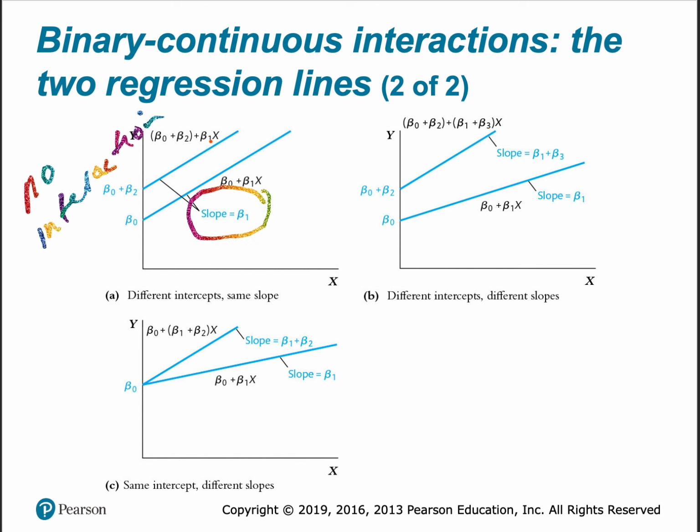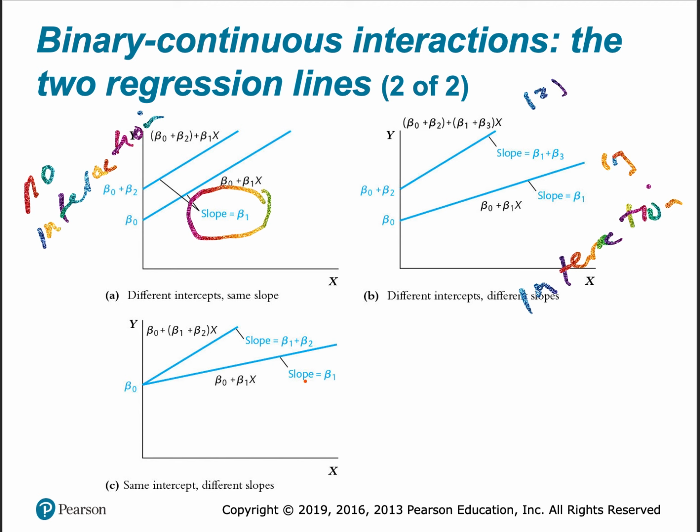The slope is the same for both groups. But in chart B, you have the interaction term, as we discussed in the last slide. For line 1, the d equals 0 group, the intercept is beta naught and the slope is beta 2. For line 2, the d equals 1 group, the intercept is beta naught plus beta 1, and the slope is beta 2 plus beta 3.